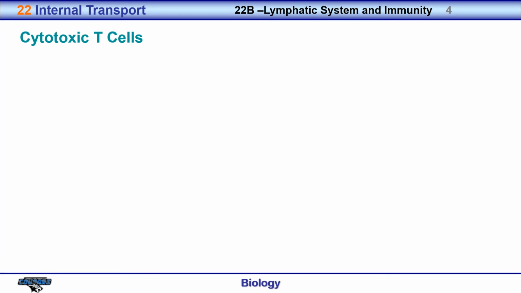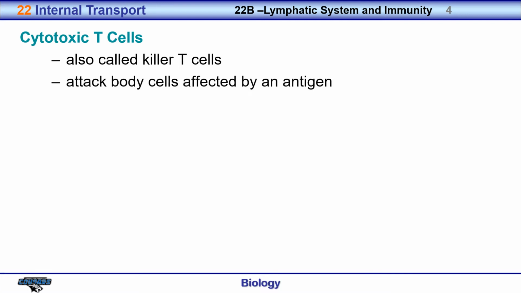One of the other kinds of T cells that are formed are called cytotoxic T cells. They're also called killer T cells. And cytotoxic T cells attack other body cells that have been affected by the antigen.